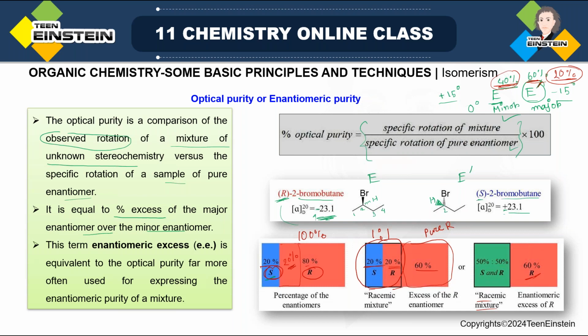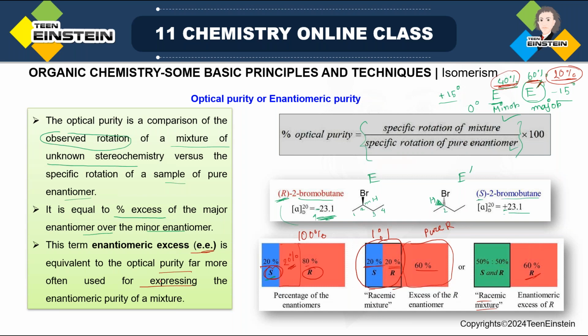We have another term which is mostly used, the term enantiomeric excess, in short e.e. It is equivalent to optical purity and far more often used. So mostly, if you have any mixture of two enantiomers, below it is written as 60% enantiomeric excess, or 70%, or 98%. 98% enantiomeric excess means the major enantiomer is present in very high amount, isn't it?